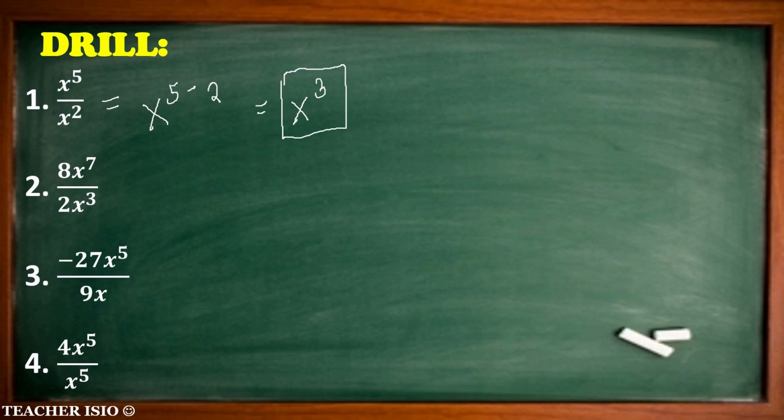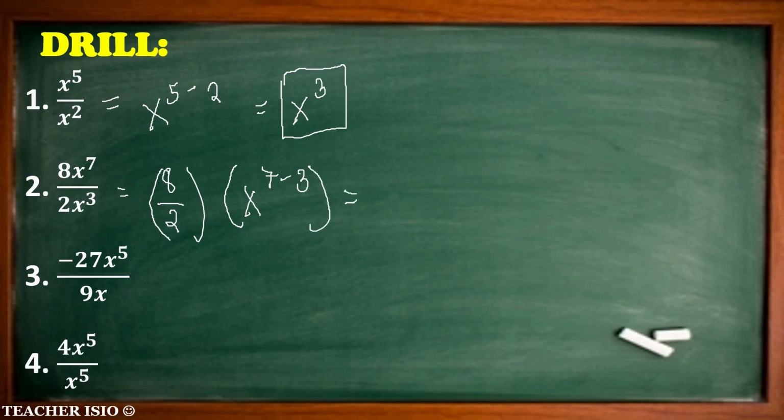Let's have number 2. So let's divide 8x raised to 7 and 2x cubed. So we're going to divide the numerical coefficient and then apply natin yung law of exponent. So we have 8 divided by 2 and x raised to 7 minus 3.